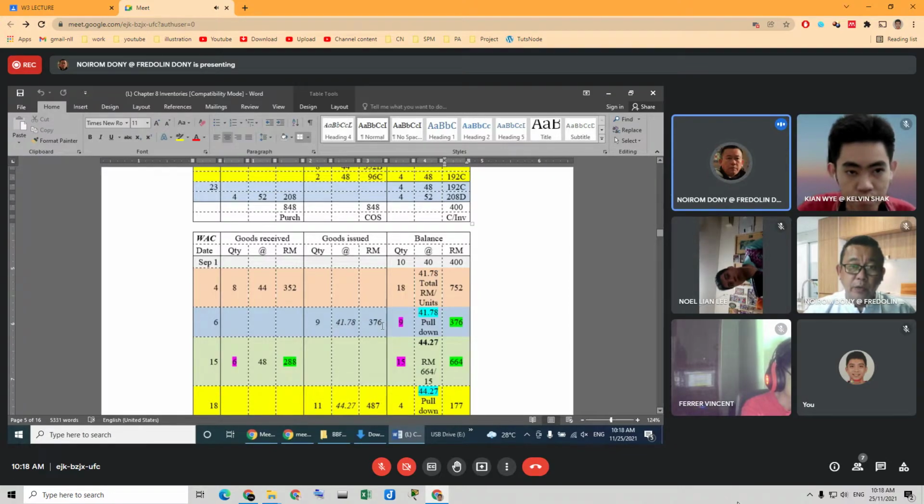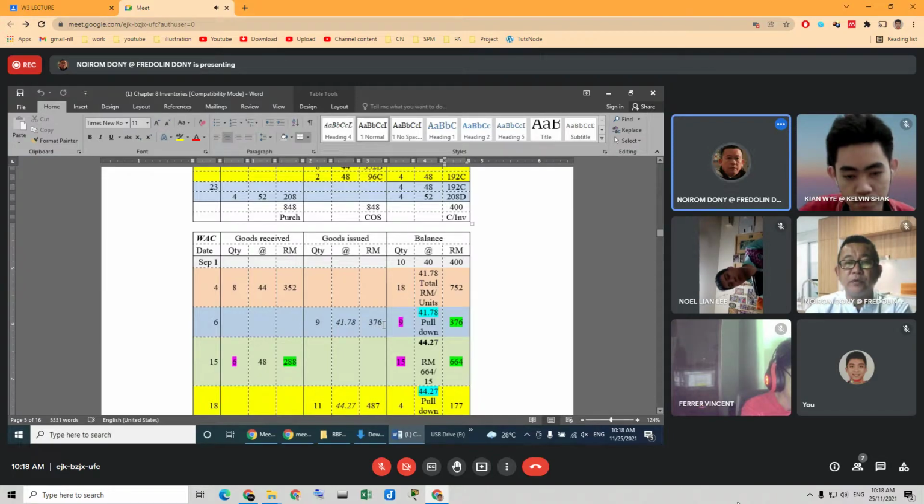Write down in your notes, this one should be 376.02. Otherwise, if you give the wrong figure, marks will be deducted. For me, I mark based on consistency. So you have to be consistent with your value.